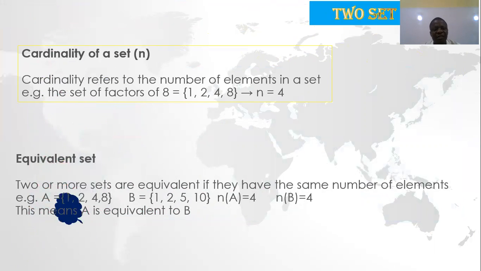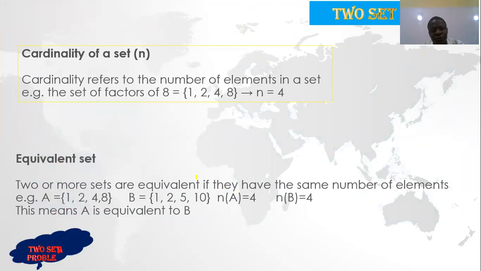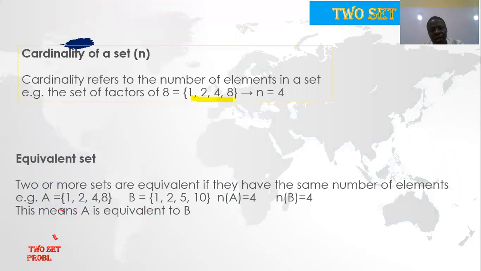So for example, if we talk about the set of factors of 8, factors of 8 are 1, 2, 4, and 8. How many members are there? That is 4. Cardinality is represented by the letter N, as you can see here. So we say N is equal to 4. That means the number of elements in this set are 4. We have 4 elements in this set.